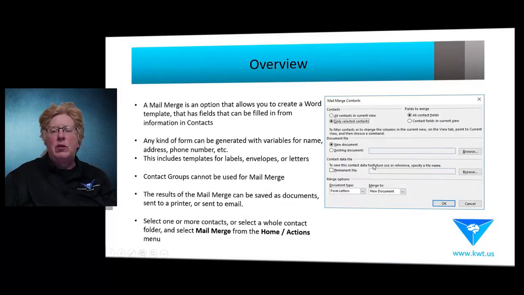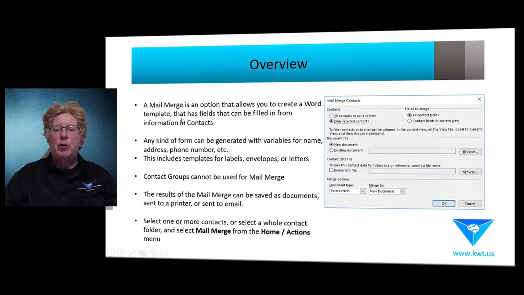In general, it allows you to create form letters that are customized by individual information that has been stored previously in your contact list. And you're not restricted to the standard fields of email and phone numbers and so on. You can also start creating user fields within your contacts for specific information that you want to include in these form letters that you want to generate.